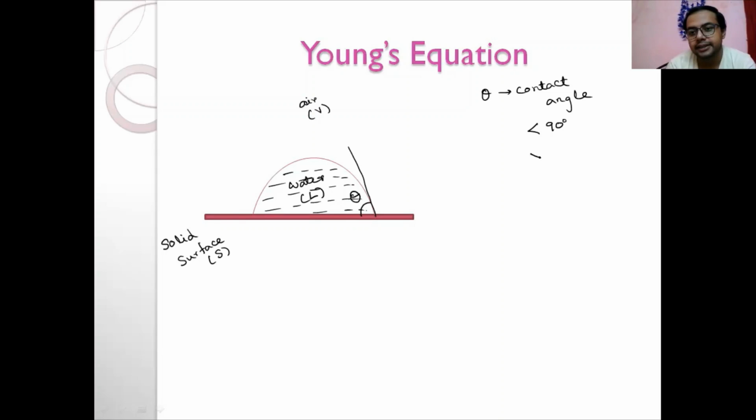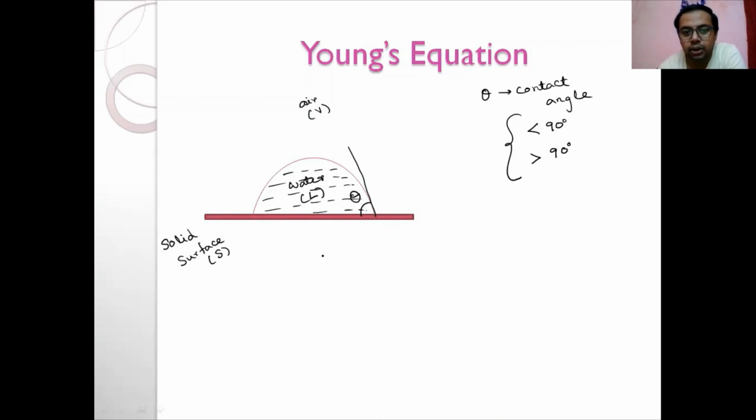But if this is greater than 90 degrees, the surface is a hydrophobic kind of surface. That means the droplet cannot wet the surface. So there is the importance of the contact angle. Now, what type of surface tension force is acting over it?